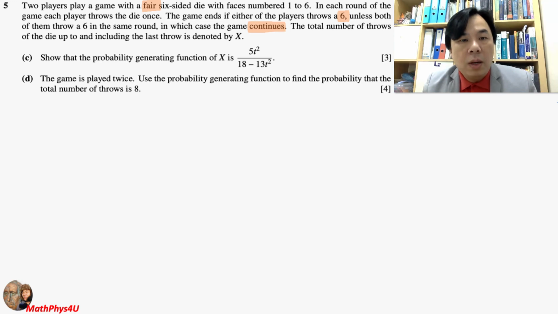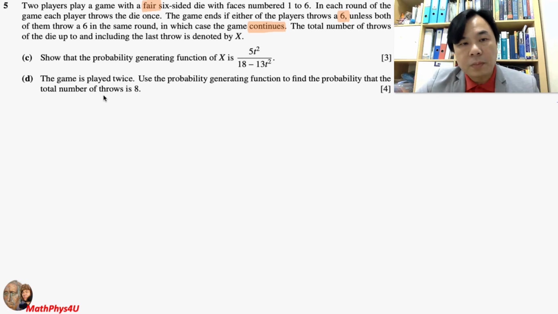So therefore, we can actually work out the new probability generating function that represents the situation where the games are played twice. Okay.